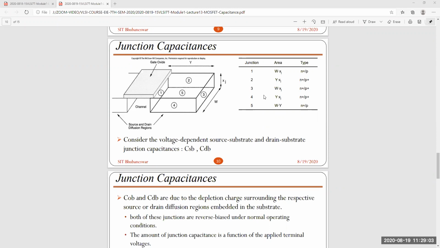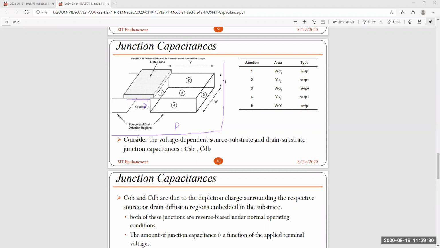Here we are having a P substrate. Suppose this is your transistor. So this is P. The channel is actually formed here, very near to the surface.